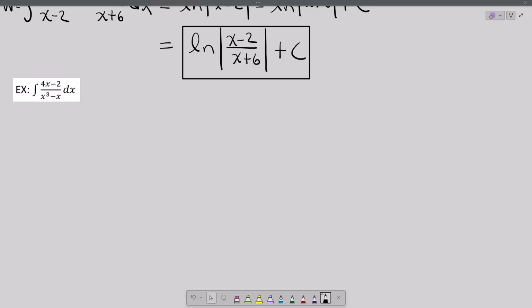So the technique that we're learning right now is applicable only to linear factors. So our denominator is factoring into linear factors. And if you remember back from algebra, there was a really famous theorem called the fundamental theorem of algebra, which I'm sure you all can repeat.